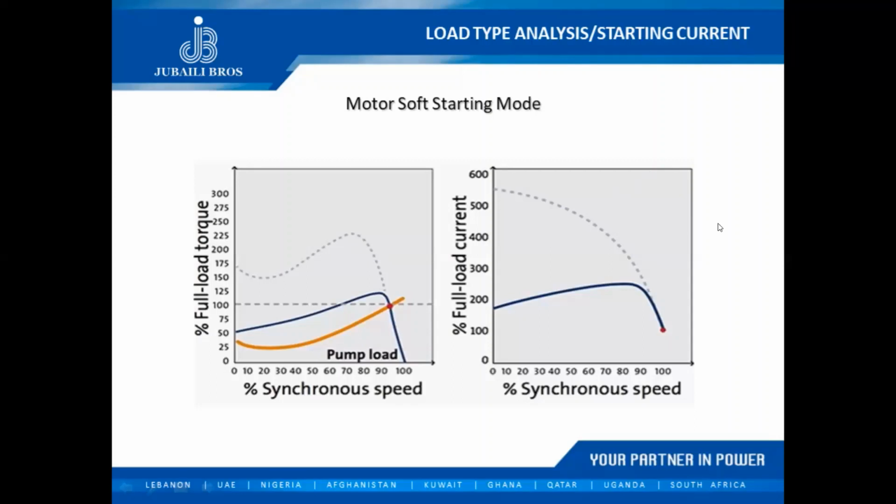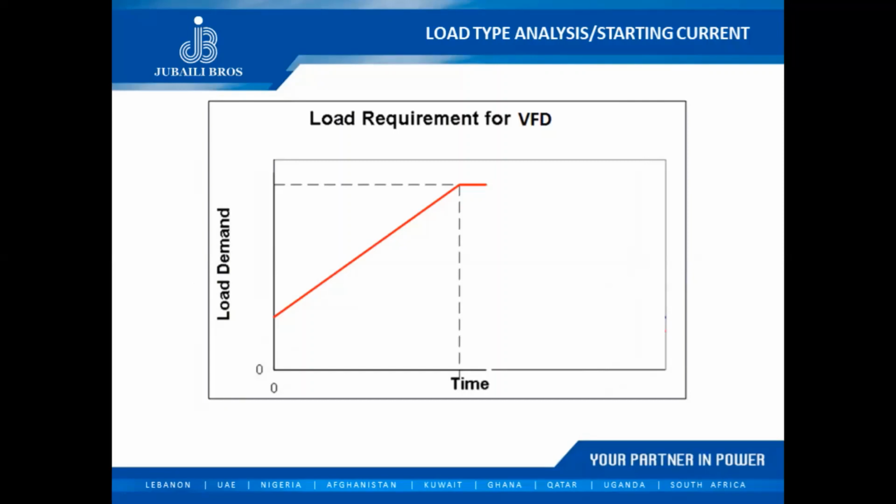So soft starters are programmable starters. You can actually program the incoming current, or the starting current. So it could be like 200%, 300%, and whatnot. The best of all, but the most expensive, it's really costly, is the VFD or the VSD, which is a variable frequency drive or a variable speed drive.